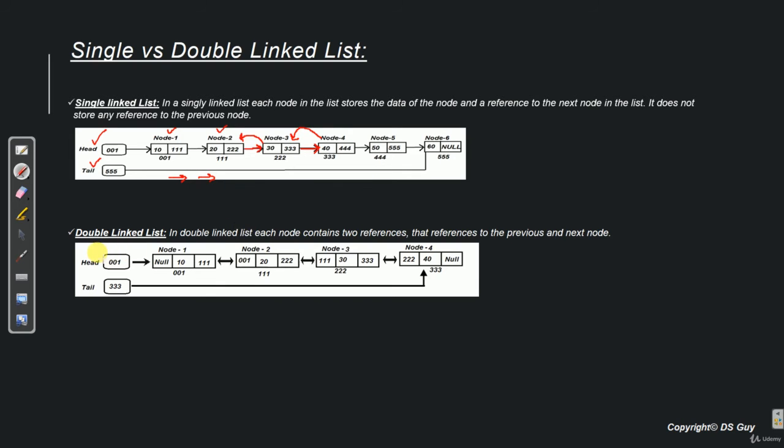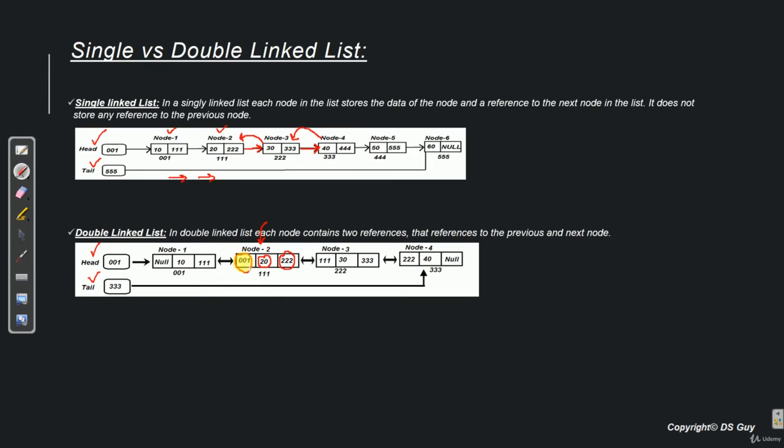So as we can see here, a double linked list is having a head and tail, which is exactly similar as single linked list. But the only difference is the nodes. We see a value in the node which is same as single linked list. We see the next reference which is again same as single linked list. But the previous reference is the new thing that has been added in double linked list.